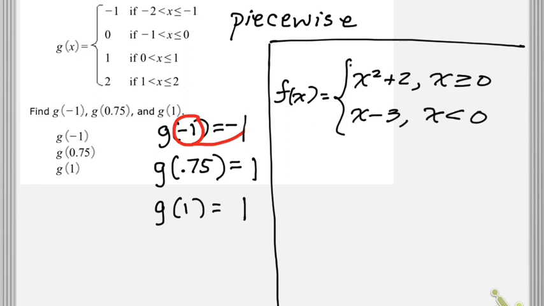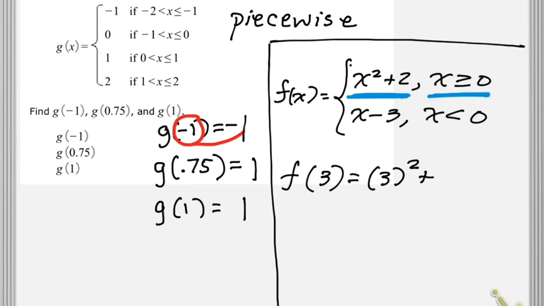Say I want to know, what is f of 3? So 3, I'm looking for up here. Now 3 is greater than 0, right? So I've got an x that is greater than or equal to 0, so I'm going to use this piece of the function, and I'm going to plug in the 3 for x. And that's 9 plus 2 is 11.